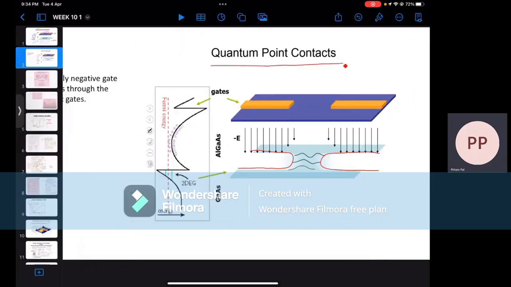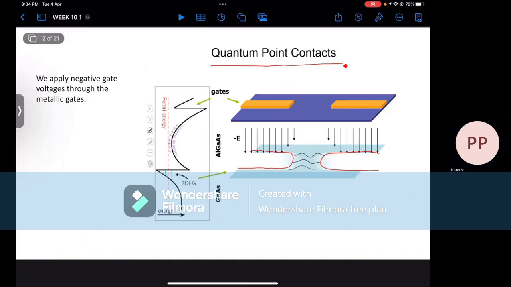So now I'll move to the quantum point contacts. For the split gate device, I'm going to apply a negative voltage to this gate and deplete the region underneath the gate of electrons, like I described already, and that will produce this region basically.